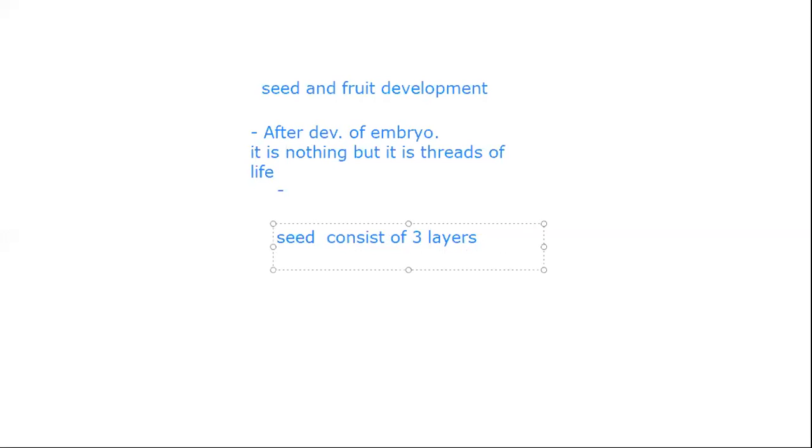Number one, epicarp. Number two, mesocarp. And last one, number three, endocarp. So these are the three layers: epicarp, mesocarp, endocarp.